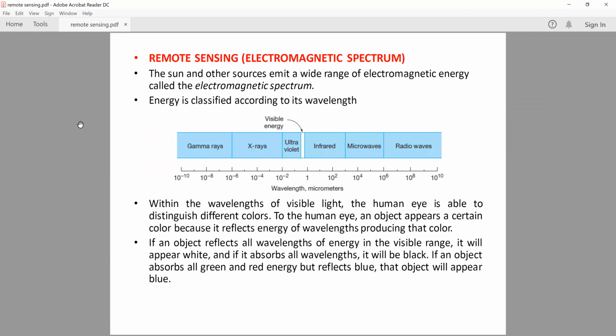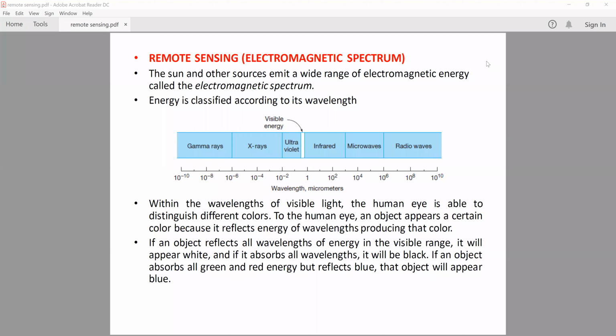So first, let's talk about electromagnetic radiation. For that, you've already studied the electromagnetic spectrum, and in that you have energy which has different wavelengths. Now, the human eye can only see energy of a specific wavelength, which is called visible energy.